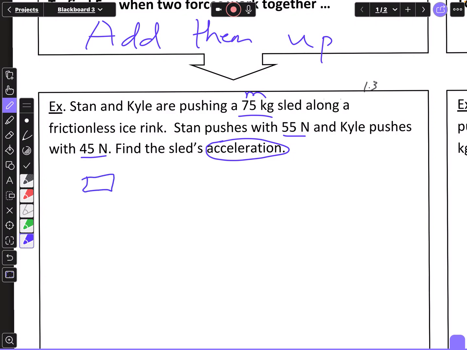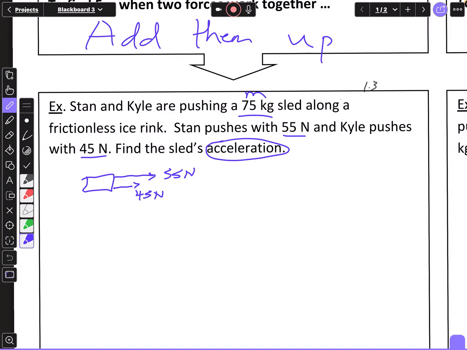So what this is telling me is that I have this sled and it's being pushed to the right. I guess I assume it's to the right, and I'm going to draw the direction it's being pushed by one of them with 55 newtons, and then the other one's pushing with 45 newtons.